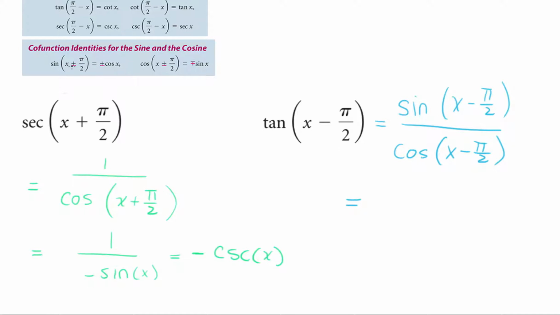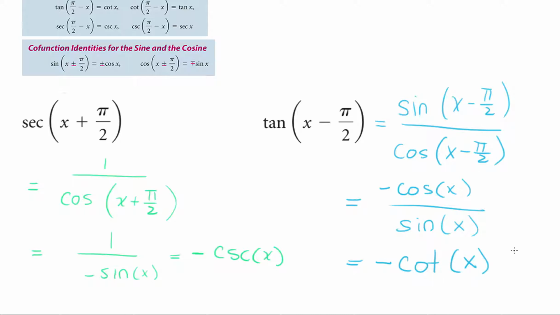Well, we know that sine of x minus pi over 2 is minus cosine of x. And cosine of x minus pi over 2 is positive sine of x. Well, cosine over sine is cotangent.